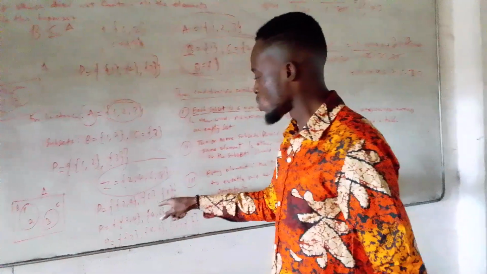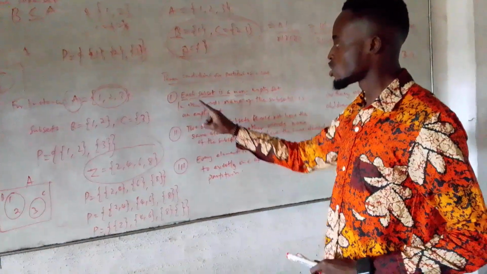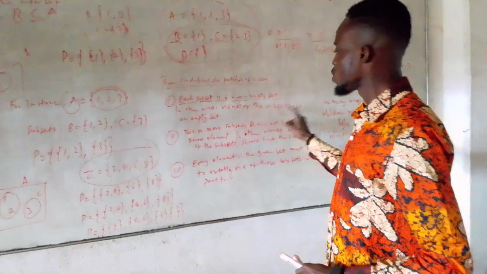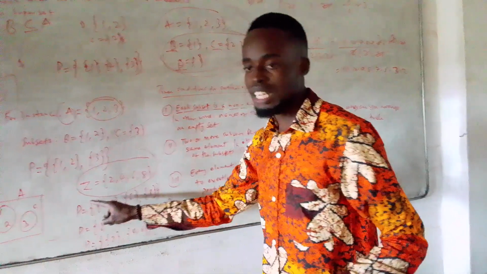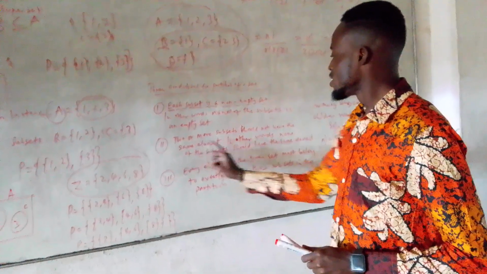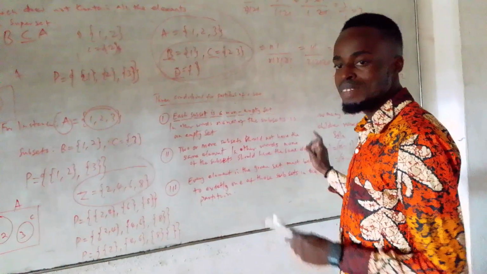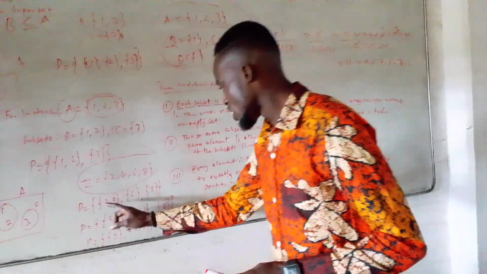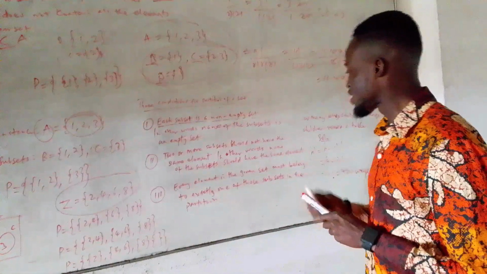Now let's start with the first one. Let's check whether it satisfies the first condition, that none of the subsets should be an empty set. If you look at it, none of them is an empty set. Okay, fine. It satisfies the first condition. Then number 2, none of the subsets should have the same element in common. Let's check. None of them have any element in common. That's the second condition.